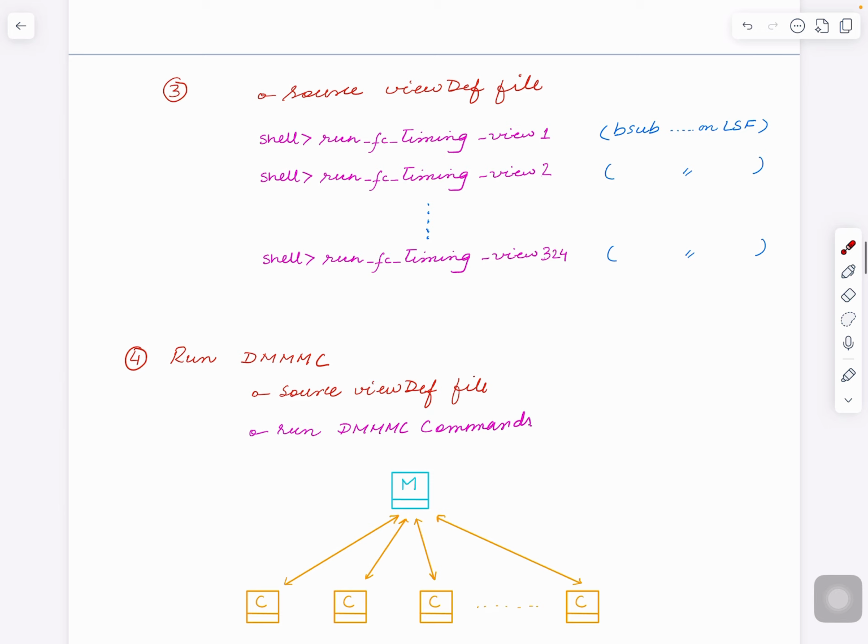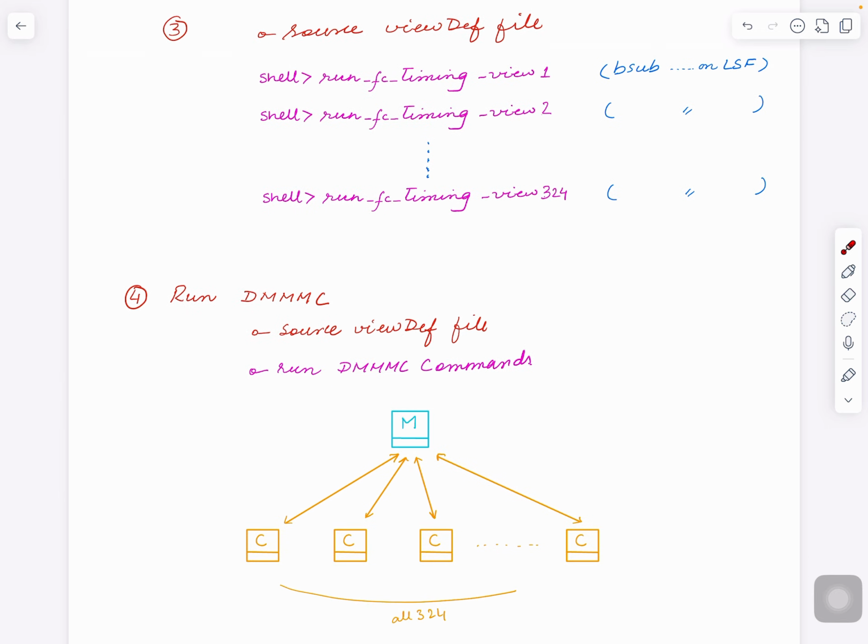Another way is that the tools these days can do this for you. The tool can have a master and workers, or you can call them clients. So you have the view definition file, and the tool has some special commands that just distribute views. Now keep in mind, the tool is not in this case distributing the design.